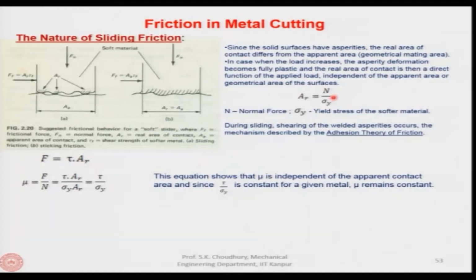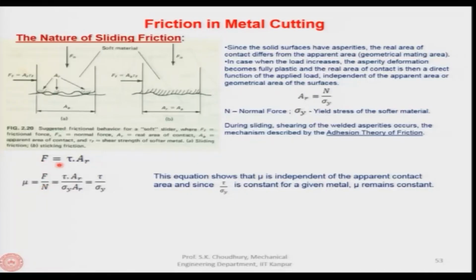So, here the normal force is equal to A r into sigma y, and the friction force is equal to tau and A r. In both cases we are considering the real area of contact. Now, mu, the coefficient of friction, is equal to the friction force upon normal force.